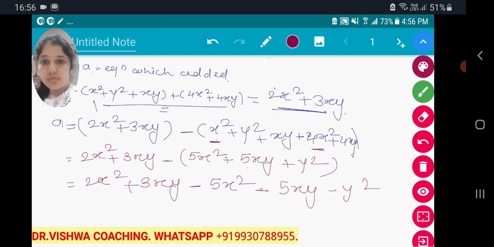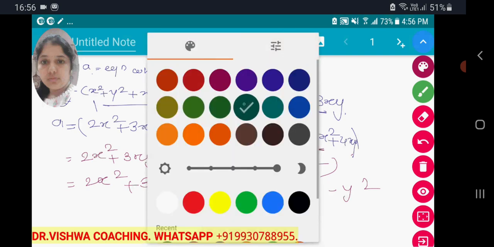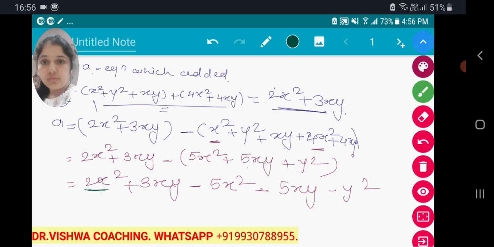Now 2x square and this 5x square have the same variable, so we will subtract 2 from 5 because both have different signs, and we give the sign of 5 here, so it becomes 3x square but minus 3x square.